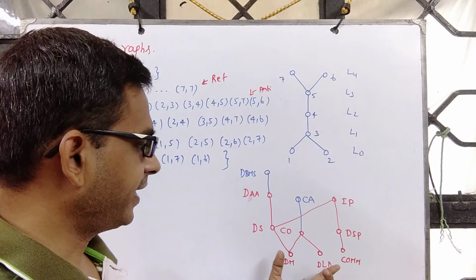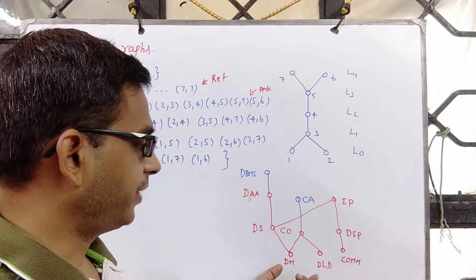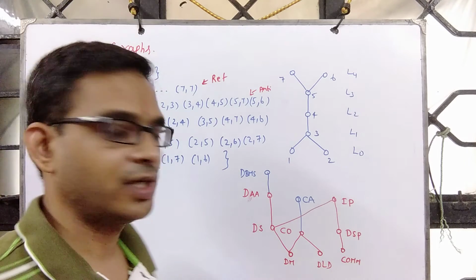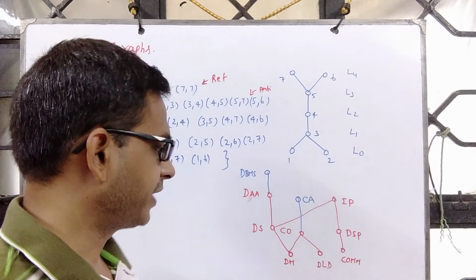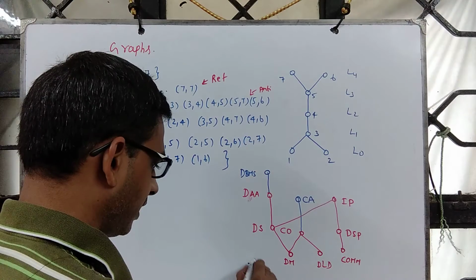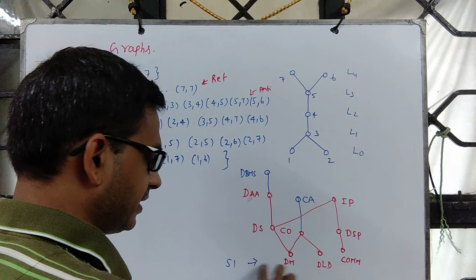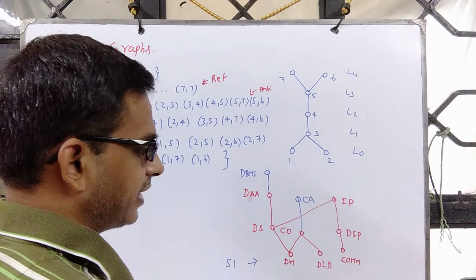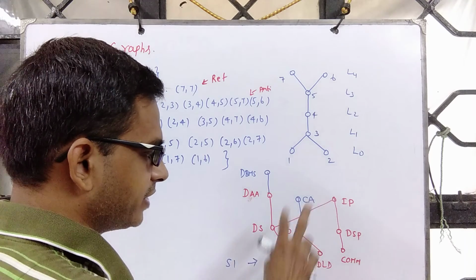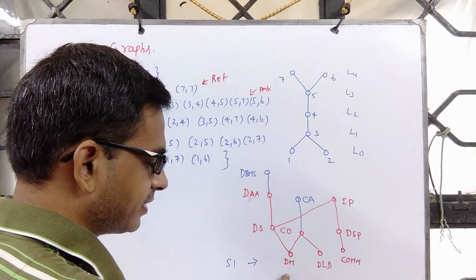So the Hasse diagram represents the prerequisite relationship among courses. Which set of courses should one credit in semester 1? This occupies the least level, in the sense that for almost all courses in computer science, discrete maths is a prerequisite.